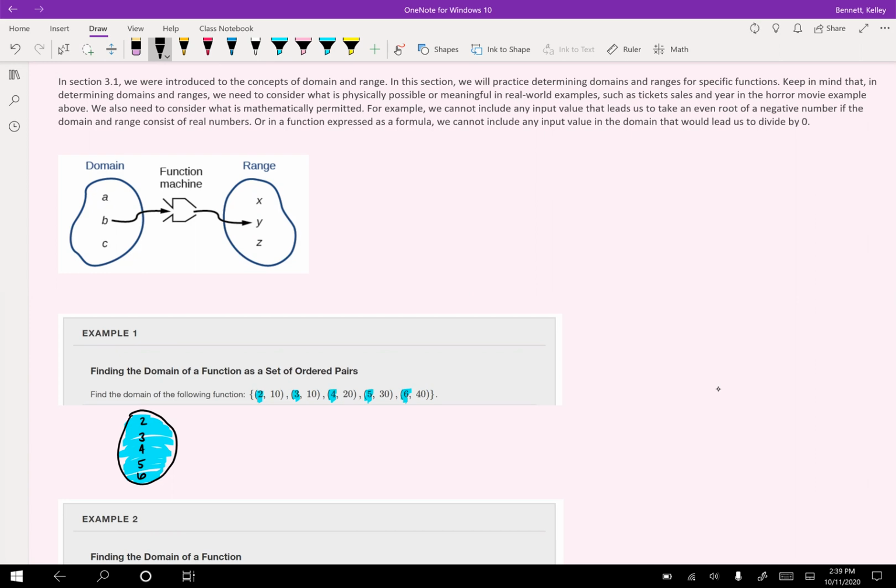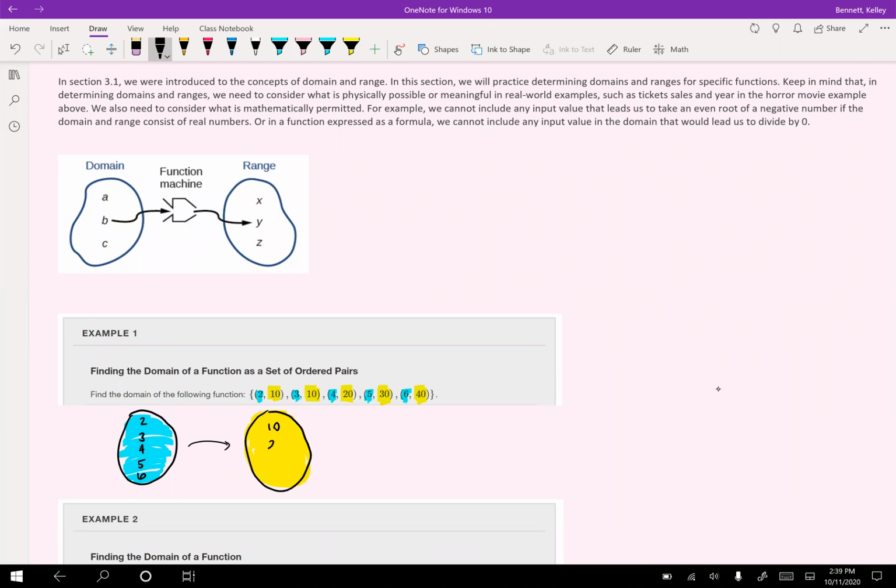And what happens is that those get mapped into our range: 10, 10, 20, 30, and 40. So those numbers make up the range. And we don't need to write any duplicates at all. So we've got 10, we've got 2 of those.